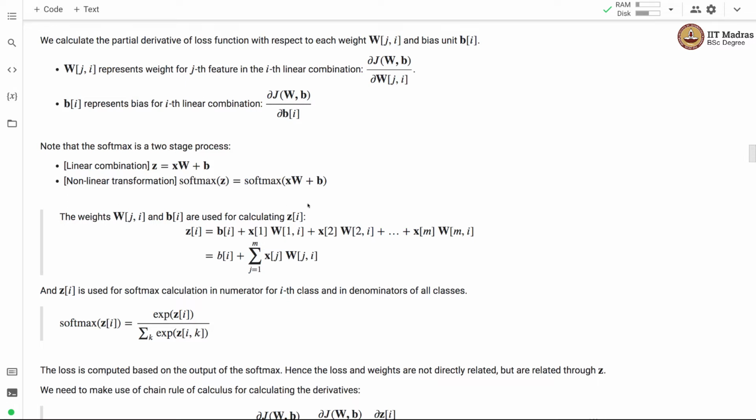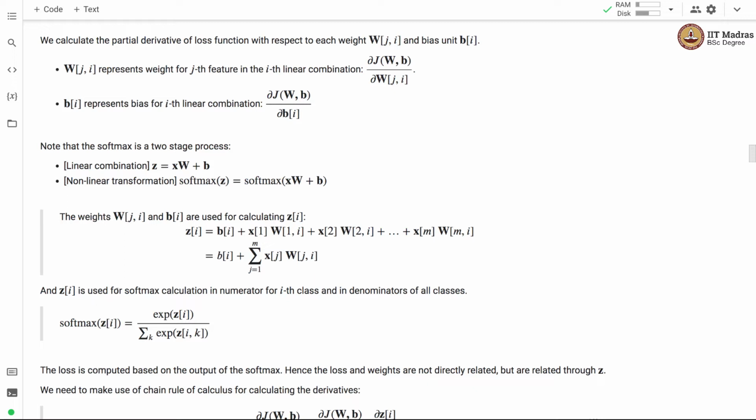Now we are explicitly writing this, so Zi is calculated as Bi plus x1 w of 1 comma i plus x2 w of 2 comma i all the way up to xm w of m comma i. So we can write this compactly as b of i plus the sum over all m features xj w of j comma i.